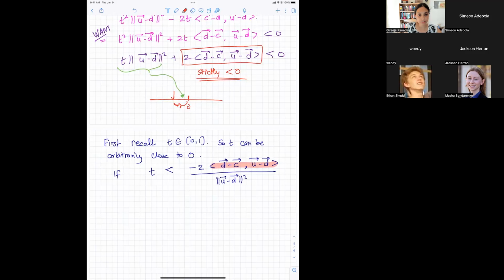So this is a positive number. So as long as t is smaller than this, we're good. Now, if this number is greater than 1, then any t between 0 and 1 will work. If this number is less than 1, then any number here works. Does everyone see that?